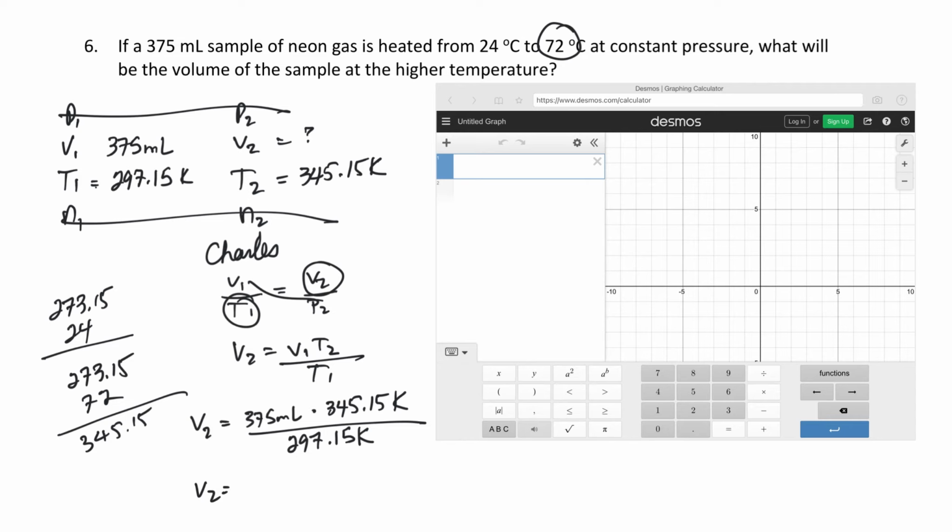So volume 2, I'm running out of room. I'll have to round it as I go. Okay, decimals. 375 times 345.15.